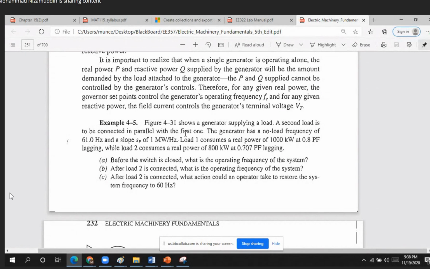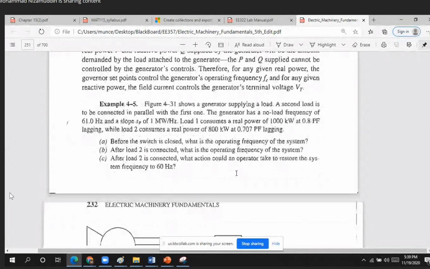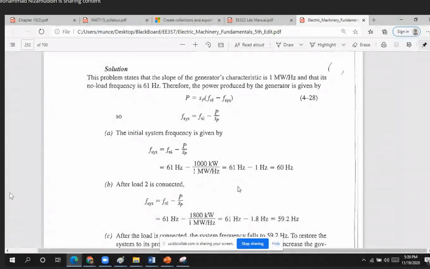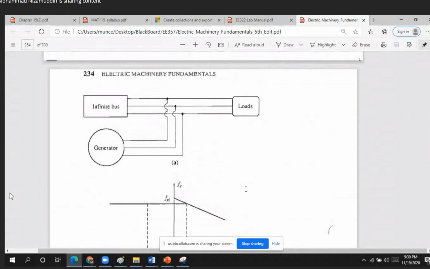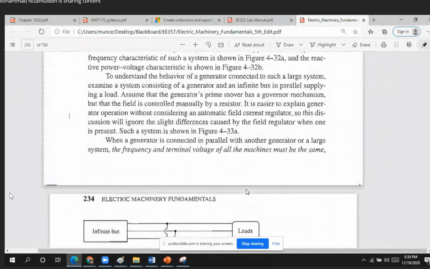Before the switch is closed, what is the operating frequency, and after load 2 is connected? This is not exactly what I'm asking for. Two generators, maybe this one.